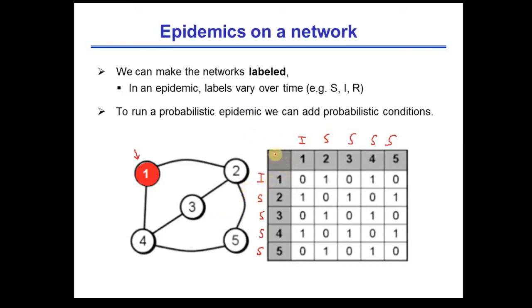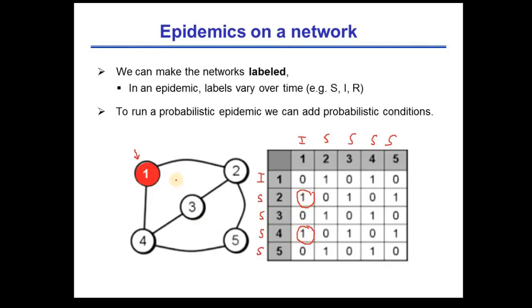So the basic bottom line of the process is something like this: you label the nodes like this, and then you track who are the people who are connected to node 1. I see in the matrix that 2 and 4 are connected to 1.